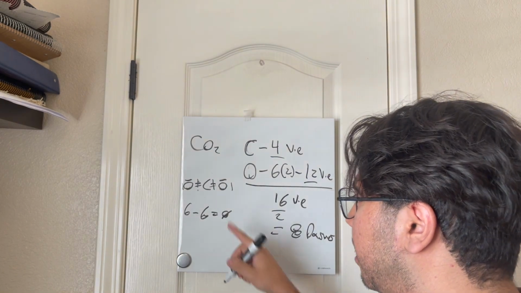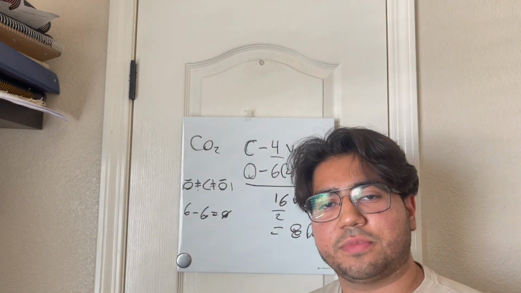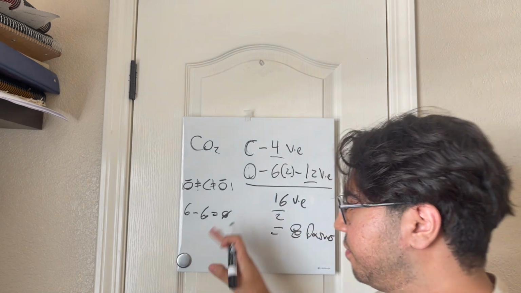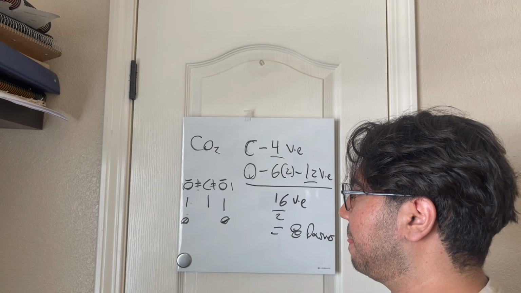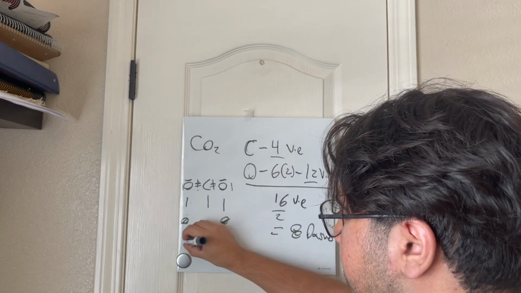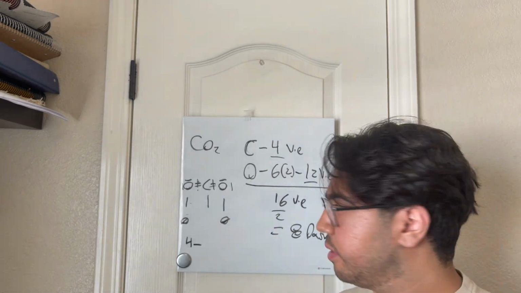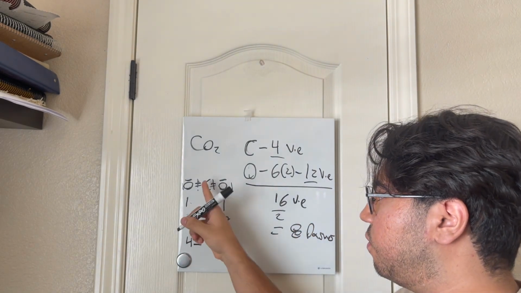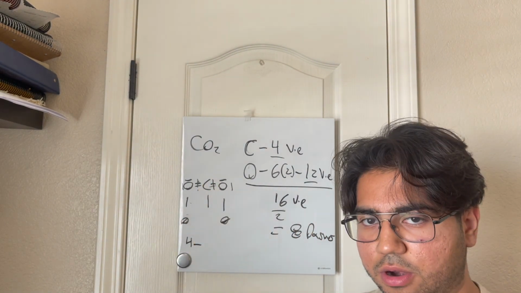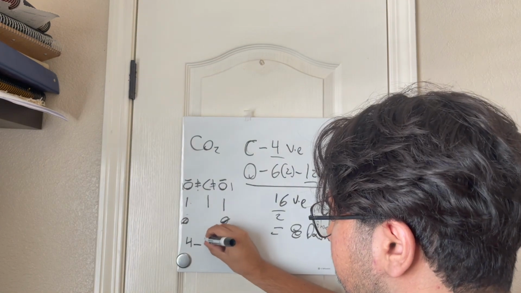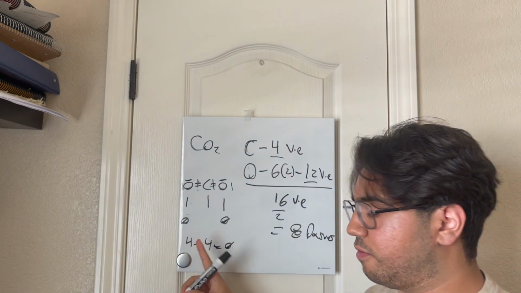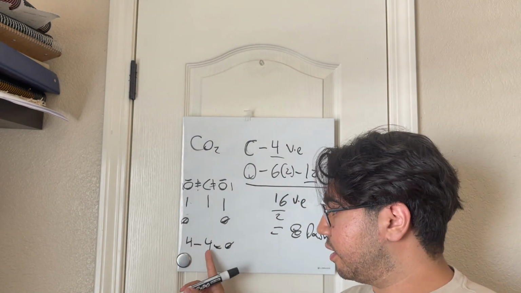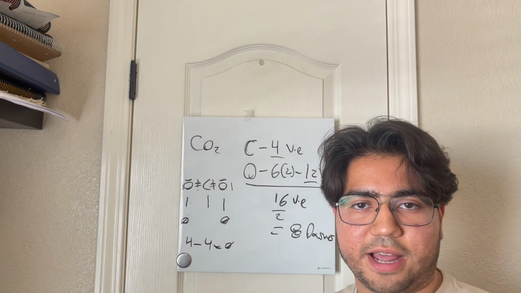Now this oxygen looks the same, so the charge must be the same. Now let's check carbon. So carbon wants 4 from the periodic table, and it has 1, 2, 3, 4 around it, which is 0.